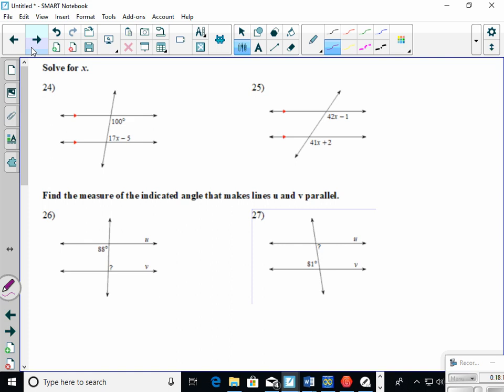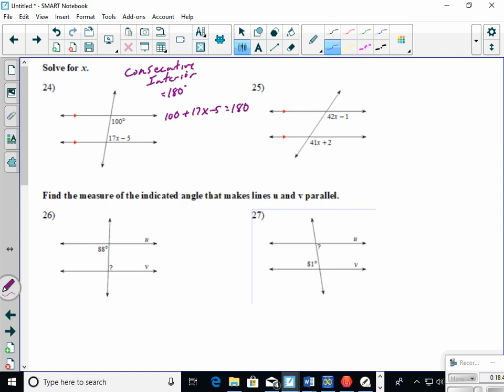24, solving for x. Okay, so this is the one set that is not the same. These are consecutive interior angles, and they are supplementary, or they add up to 180. So 100 plus 17x minus 5 has to add up to 180.